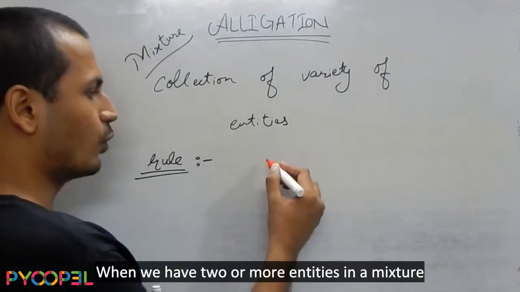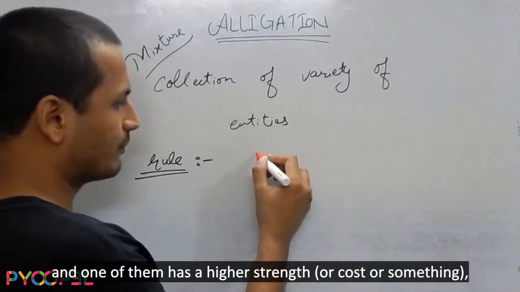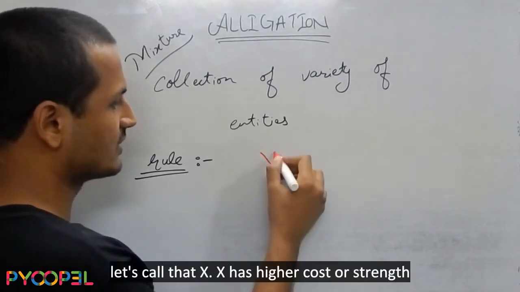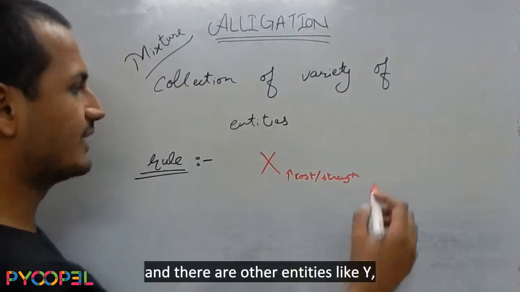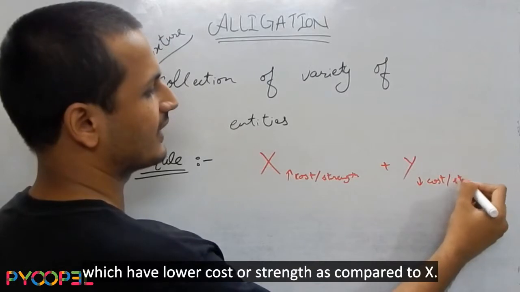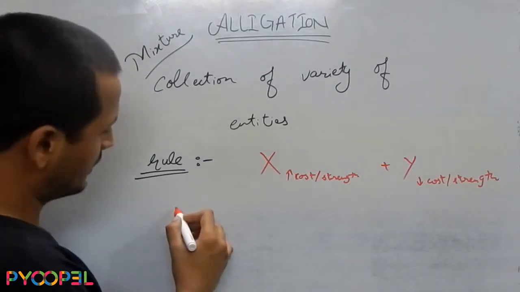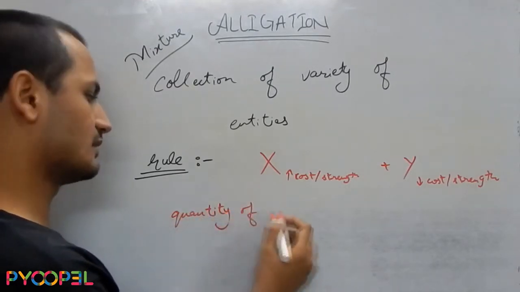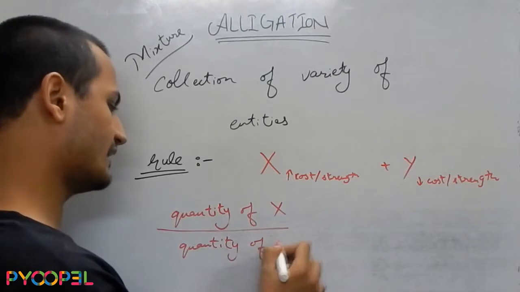It means when we have two or more entities in a mixture, and one of them has a higher strength or higher cost, let's call that X. X has higher cost or strength, and let's say there are other entities like Y which have lower cost or strength as compared to X. In that case, when we want to know the quantity of X in the mixture divided by quantity of Y in the mixture, okay?